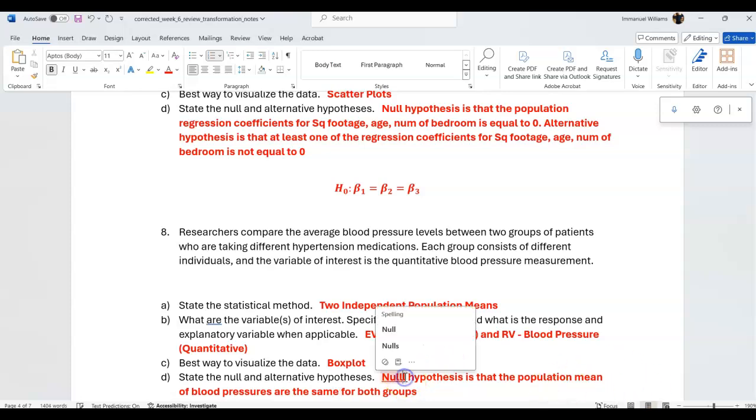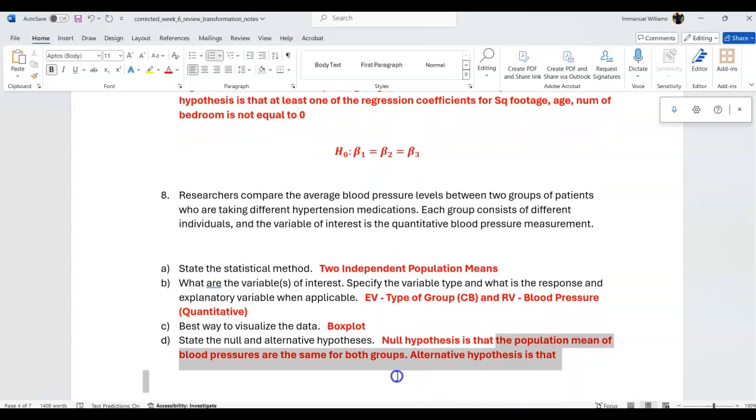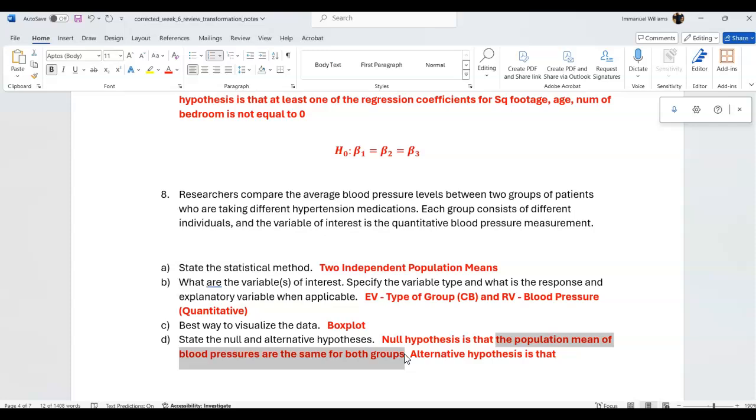And then the alternative hypothesis, since nothing is stated otherwise, is that they're not equal. Population mean blood pressure is not the same for both groups.